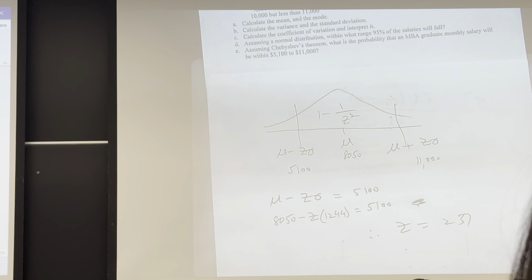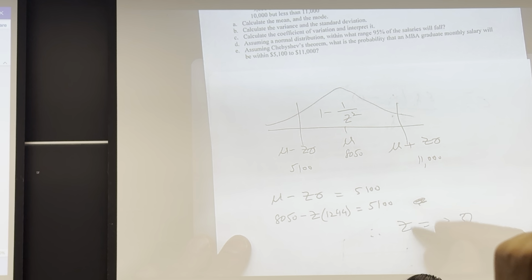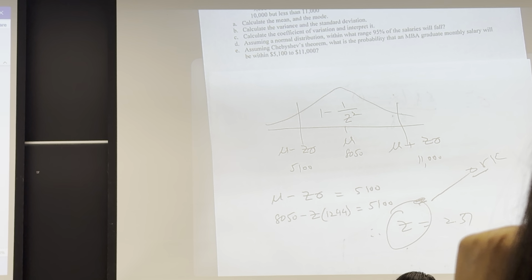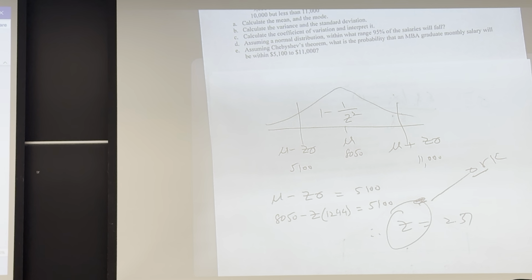I mean, Z or K are the same thing, okay? Whether I say Z or K, it is the number of standard deviations. So 2.37.